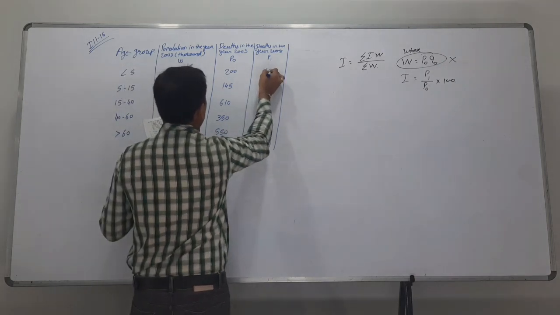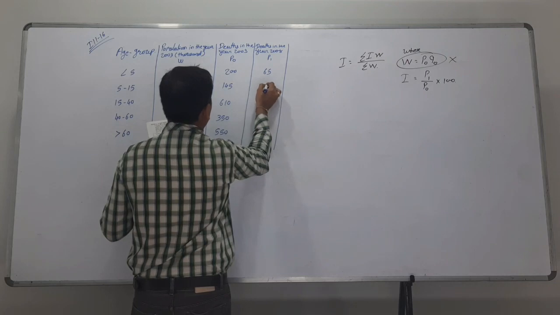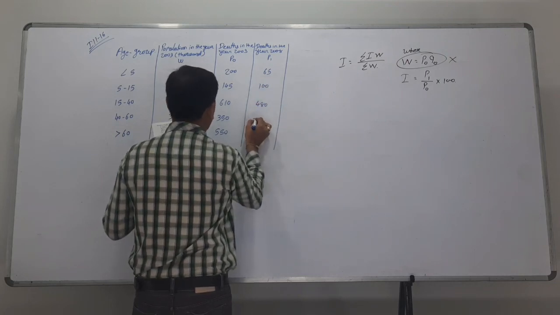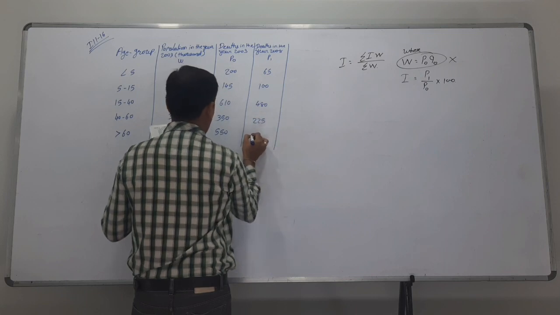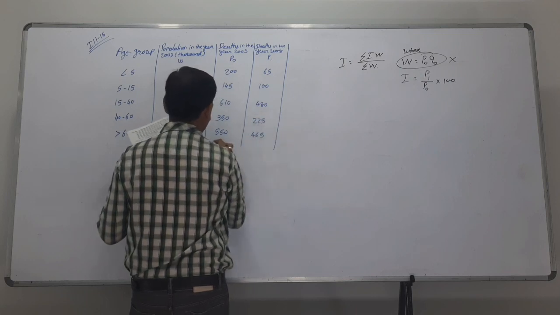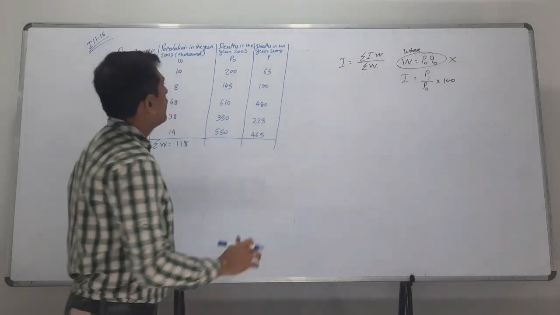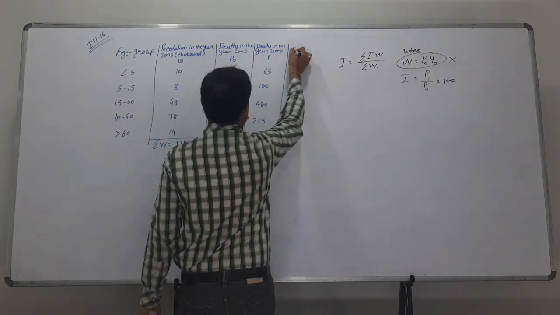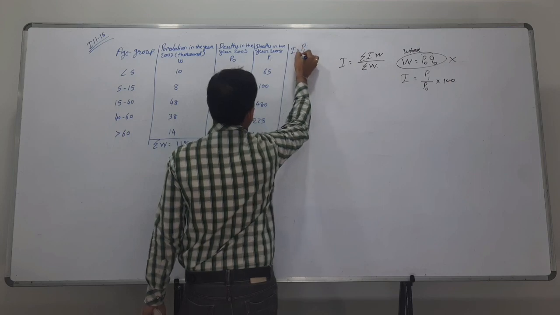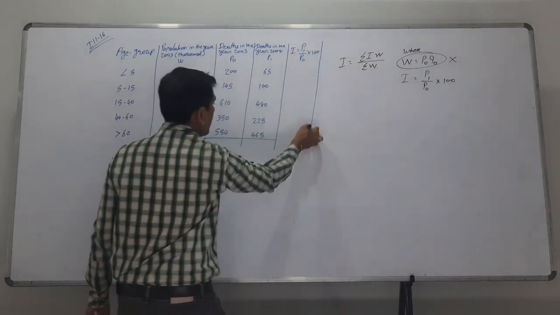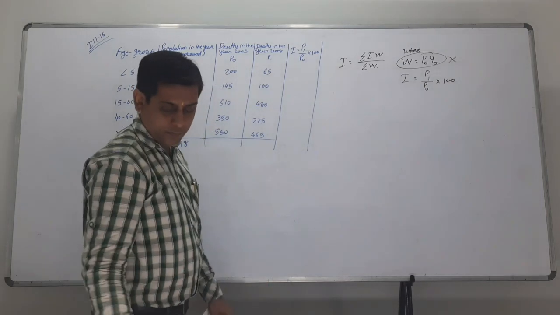Then 65, 100, 480, 225, and 465. So we have to find out I. What is the formula for I? P1 upon P0 into 100.